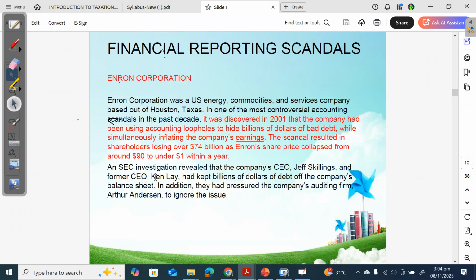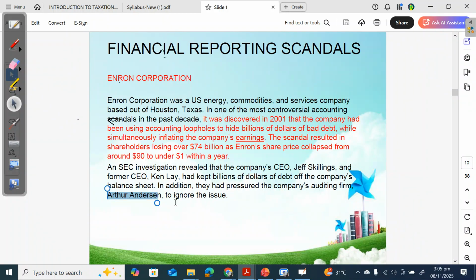So all they were doing was hiding the company's bad debts, so that people would not see the company had some bad debts. And also the auditor. They had an auditor called Arthur Andersen, an auditing firm that used to be one of the top auditing firms in the US, and they were also influenced by the CEOs.